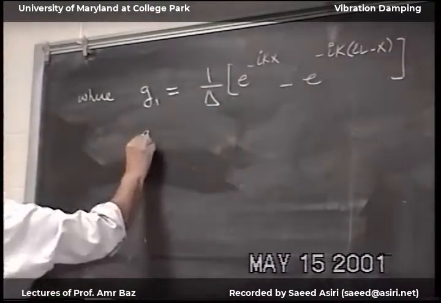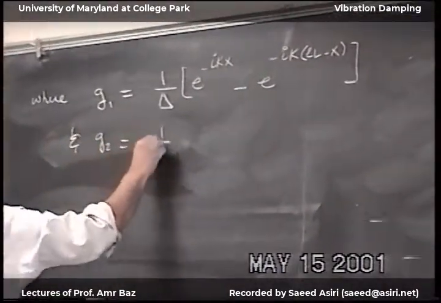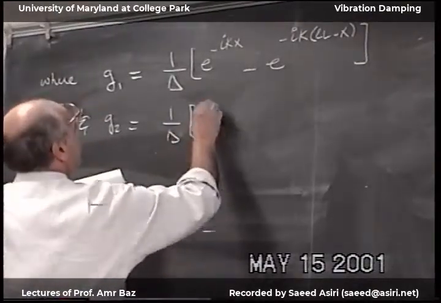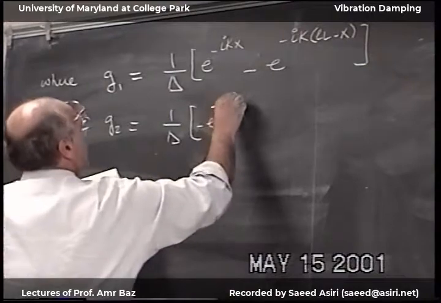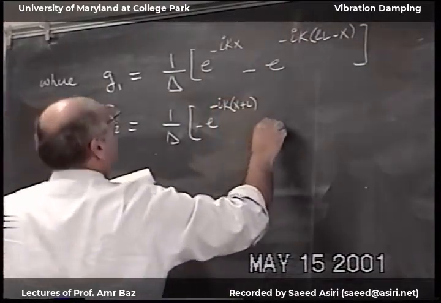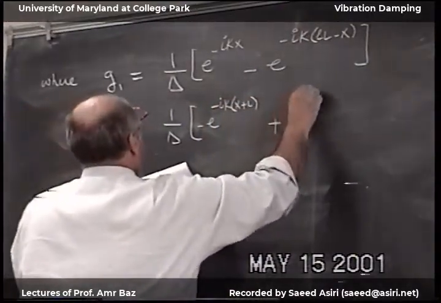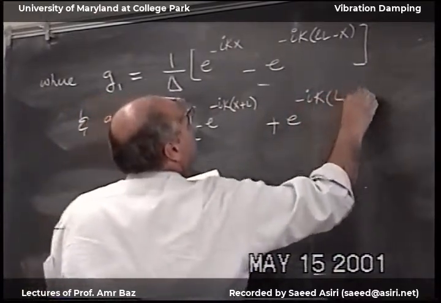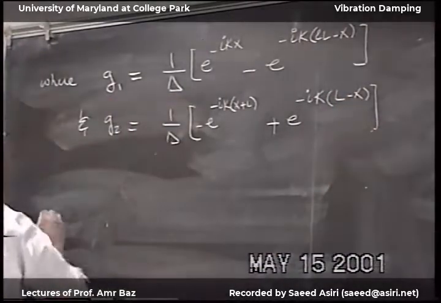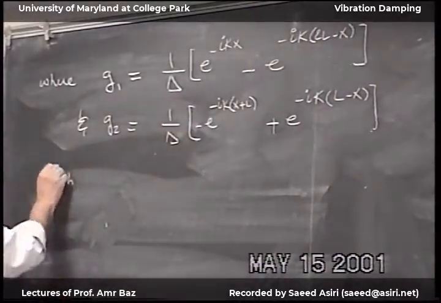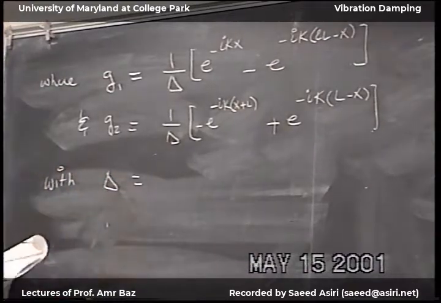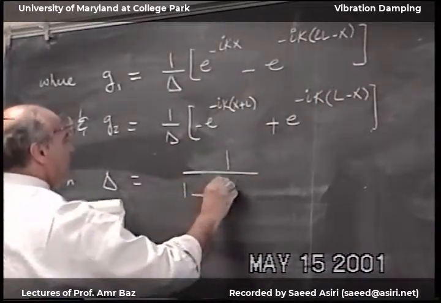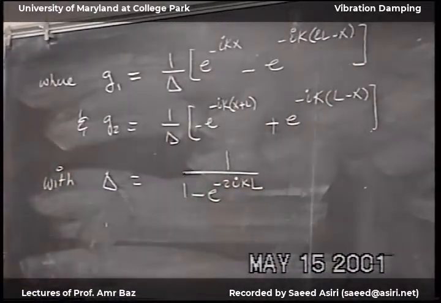And G2, same story: minus e to the minus ik(x plus l) plus e to the minus ik(l minus x), where delta is 1 over 1 minus e to the minus 2ikl.